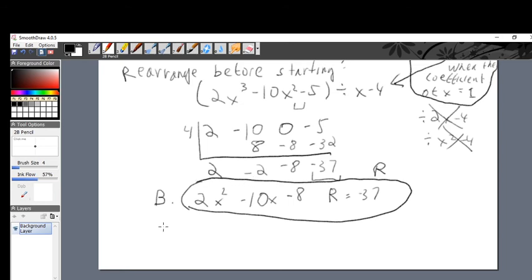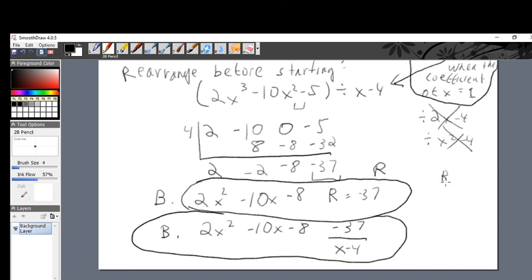Now be careful. There's another way to write this. Whenever there's a remainder, and this applies to long division also, sometimes they'll write it as negative 37 over the original x minus 4. There's both ways.